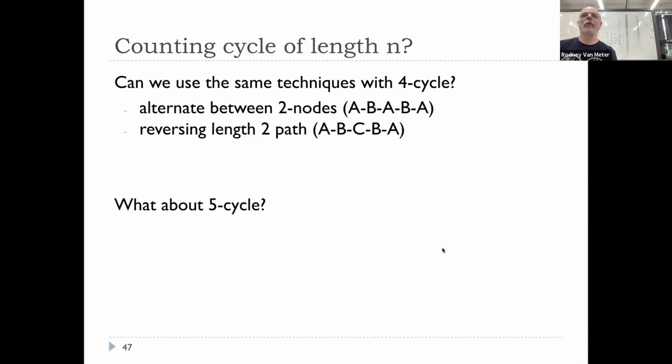All right, so with the 4 cycle, well, you can alternate the... oh, that's the ones I forgot to take into account there. So the alternating between 2 paths, the A there, but also you can go 2 hops out in any direction and back, and that's also possible.